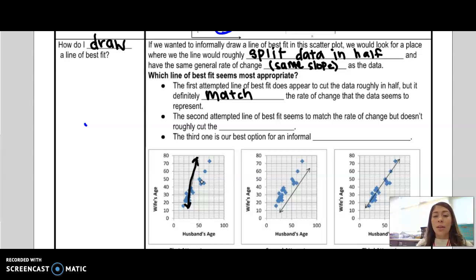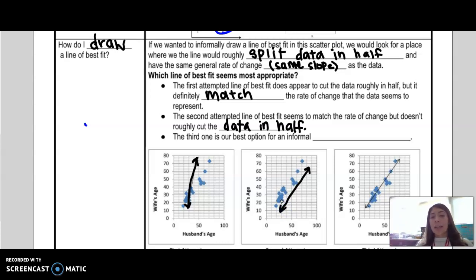The second one attempted the line of best fit. It does seem to match the rate of change, but does not roughly cut the data in half. As you can see, here is my line right there, and it's nowhere near the dots.